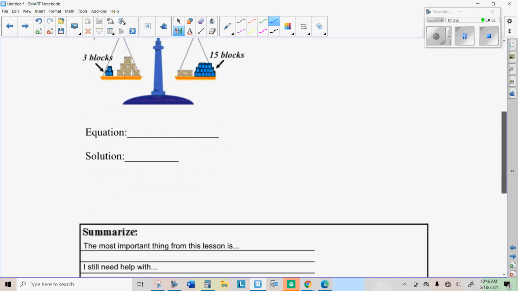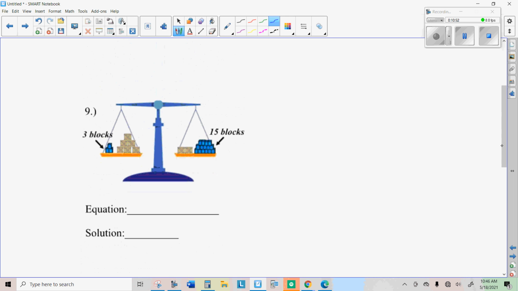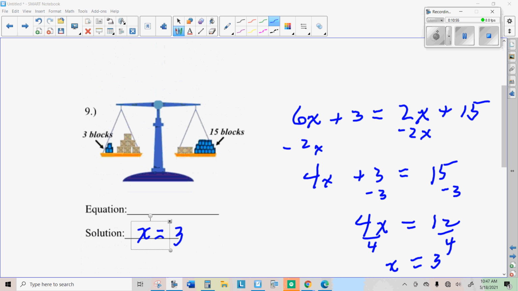All right. Let's try one more of those, see if you can get the equation and solve it algebraically. So here's what I did again. I first eliminated 2 boxes from each side, so that looks like this algebraically: take away 2x from both sides of the equation.